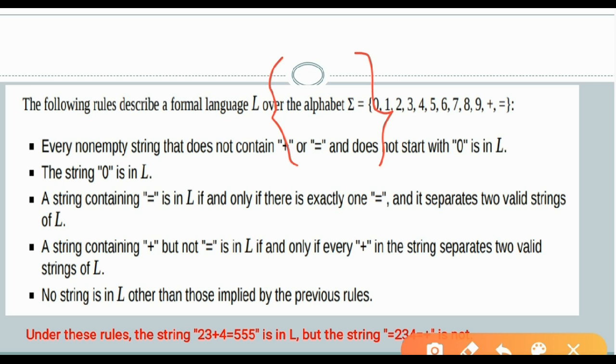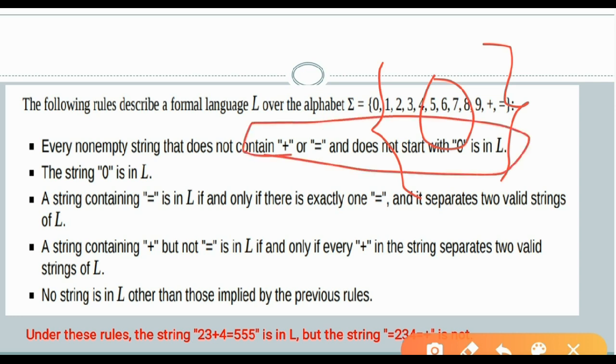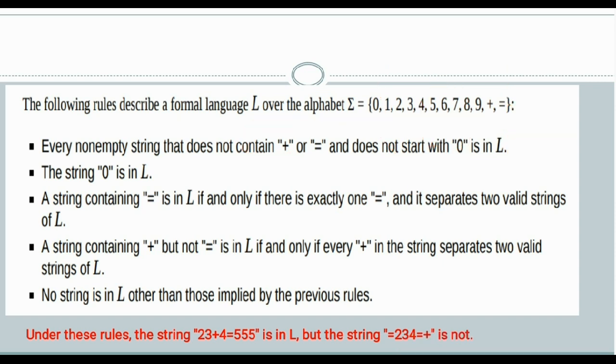It should not contain any plus or equals, and the string should not start with 0. And next, the string 0 is in L. So 0 is already mentioned, it is predefined in L.